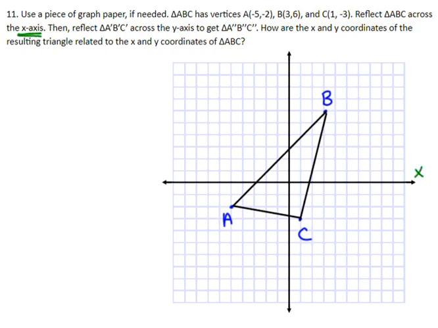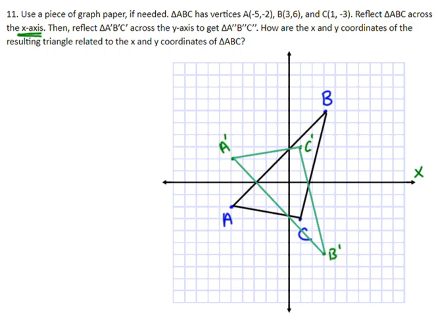So here's my x-axis. That means point A is going to come up here, so A prime. Point C will come up here, C prime, and point B, 1, 2, 3, 4, 5, 6, 1, 2, 3, 4, 5, 6. So B prime would be right there, and I'll take a quick moment to connect those.